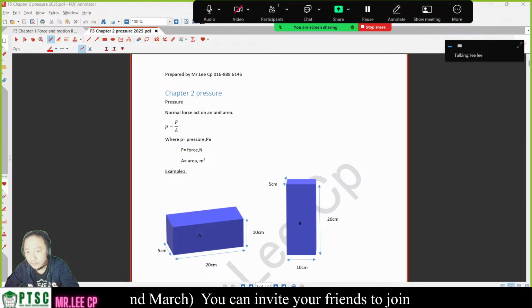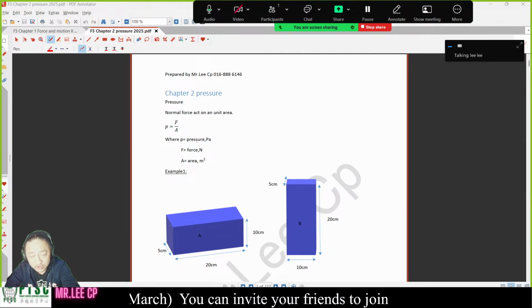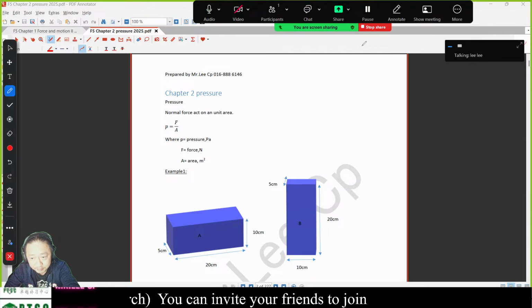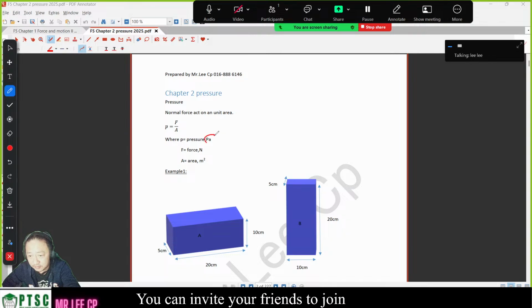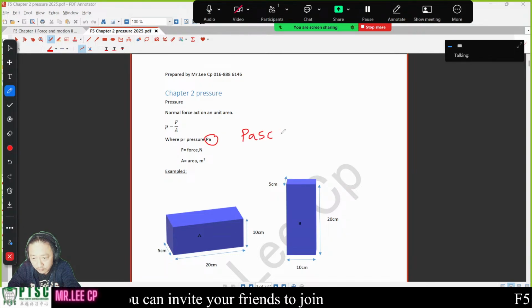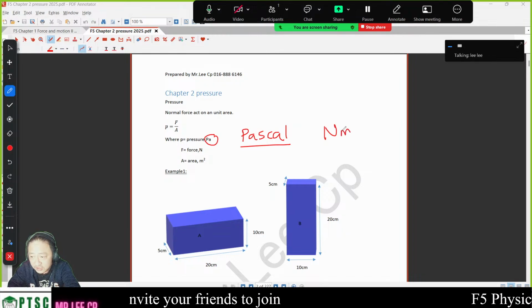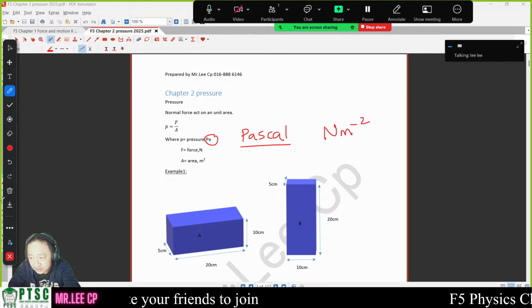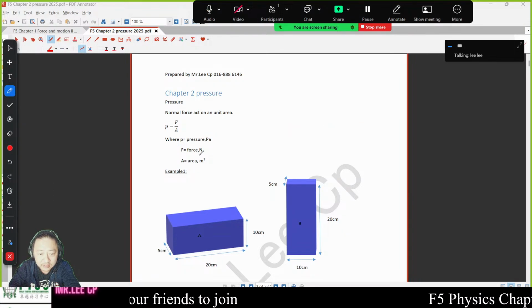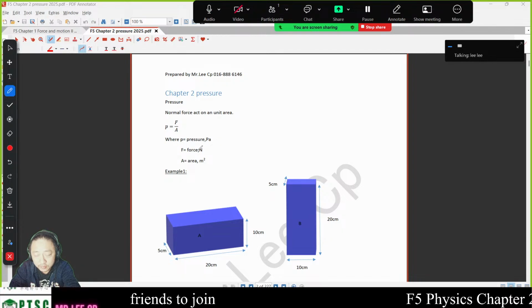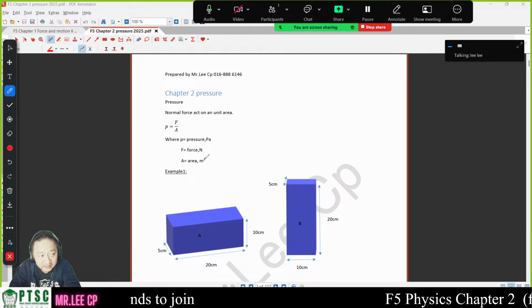Now, the unit of pressure is Pascal, which is Newton per meter square. So force is in Newton, area is in meter square.